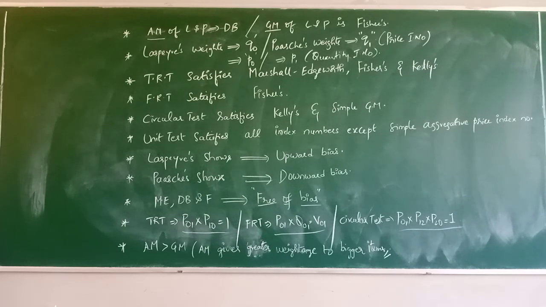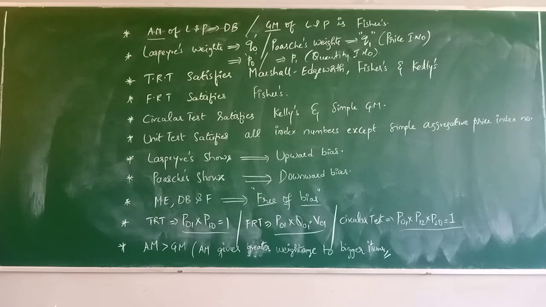The average can be calculated, and the value will be more. But the geometric mean is not like that. Extreme values definitely affect the arithmetic mean more than the geometric mean. So that's why the arithmetic mean definitely gives greater weightage to the bigger items.